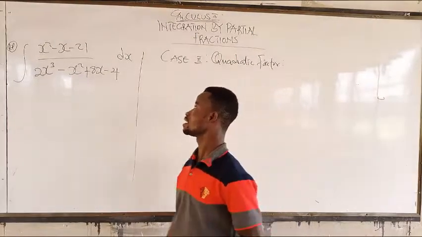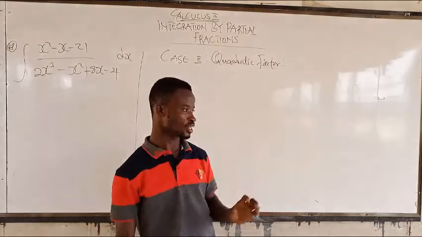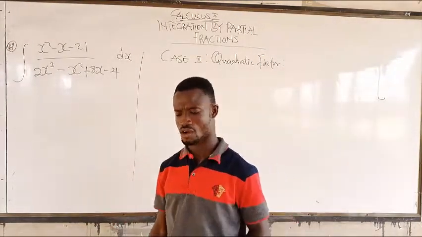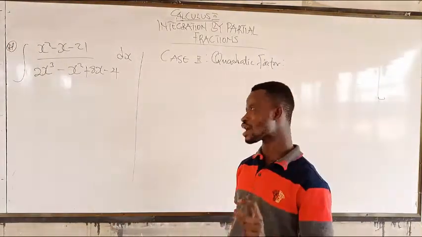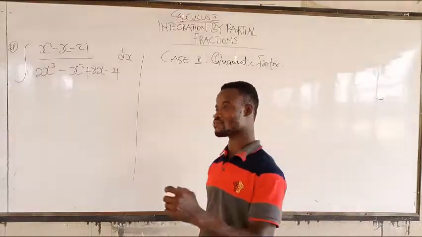Truly yes. The degree here is 2, the degree here is 3. Then we can resort to partial fractions. But we need to factorize the denominator so that we can appreciate the beauty of the function.